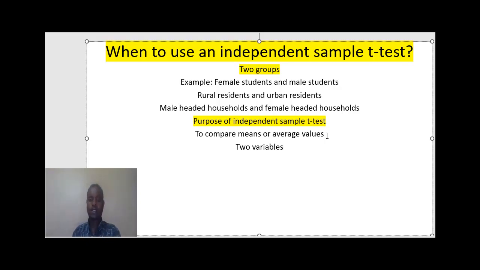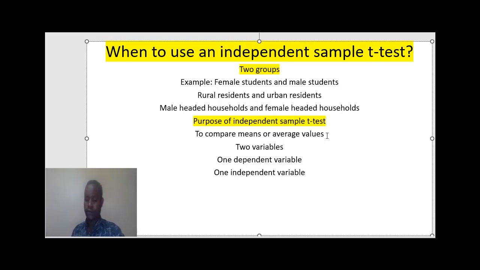I raised it in my explanation of the difference between the two groups, but let me make it more practical. One dependent variable and one independent variable.